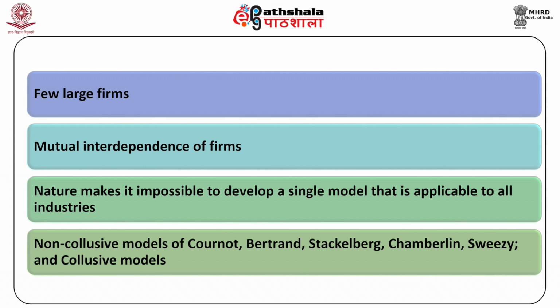Whereas collusive oligopoly is one where firms maximize their joint profits by entering into a collusive agreement to restrict competition and to avoid uncertainties arising from oligopolistic interdependence.